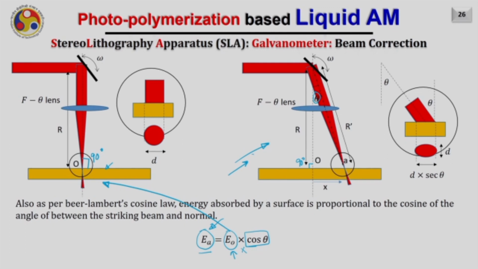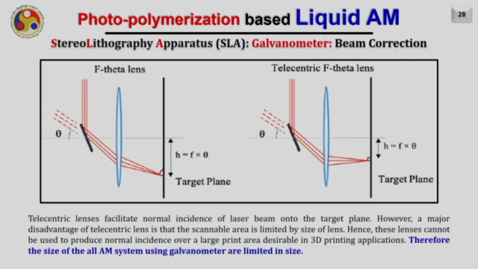So these two major disadvantages have to be resolved now. The solution for that is utilizing a telecentric lens. So this was the f theta lens, right? We have seen this f theta lens.